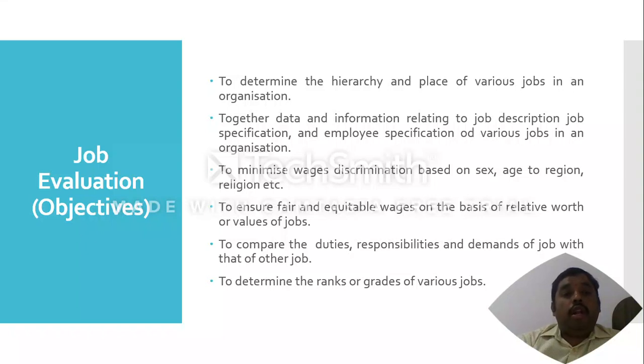And when it comes to grading, like A grade, B grade, C grade or D grade, these gradings we find majorly in government organizations rather than in private organizations. In private organizations, we don't grade the employees; we just classify them in a different, formal way. These are all the objectives of job evaluation.